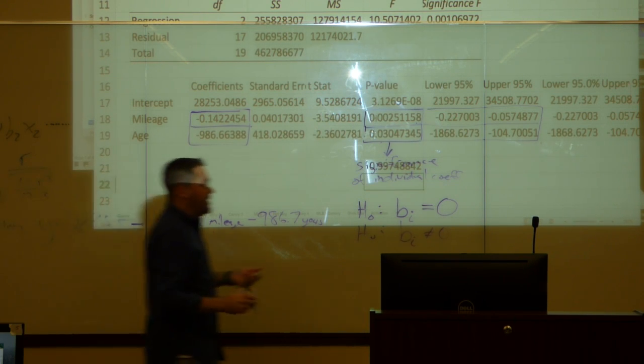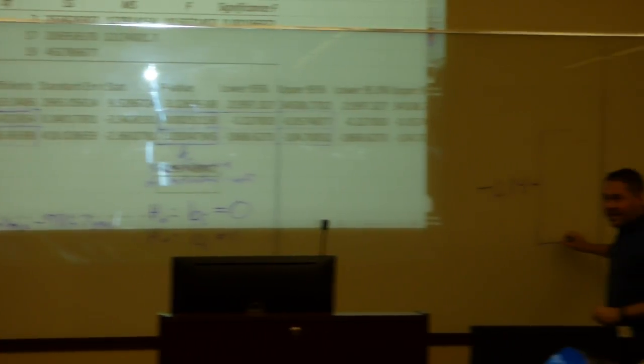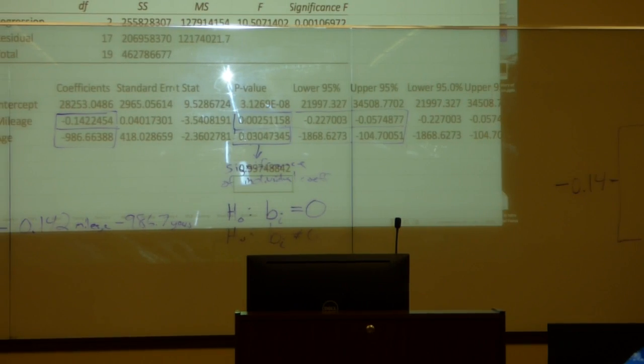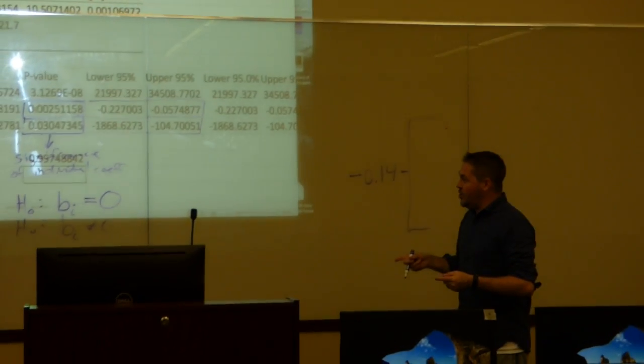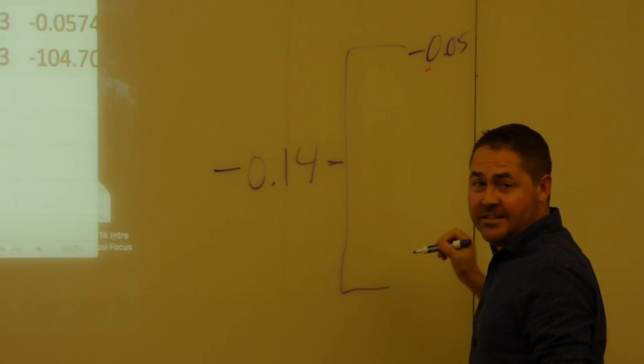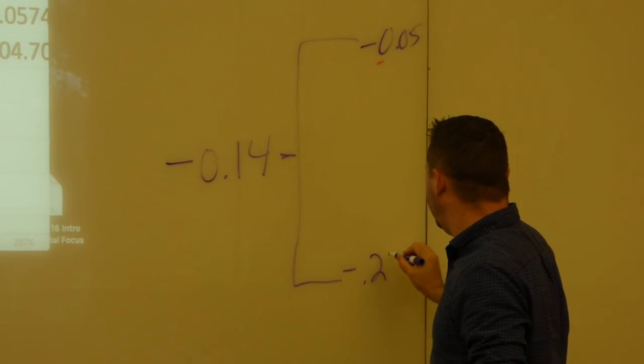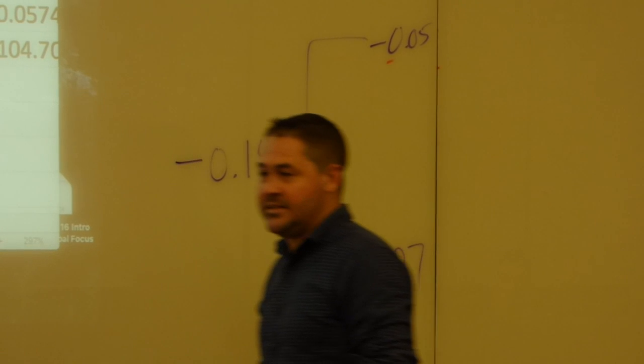What these interpretations are, let's stick with mileage. We know on average, if we increase miles by 1, it goes down by 0.14 on average. But I can say with 95% confidence that if we increase the mileage by 1, the value of the car will go down between negative 0.5 cents and negative 22.7 cents.